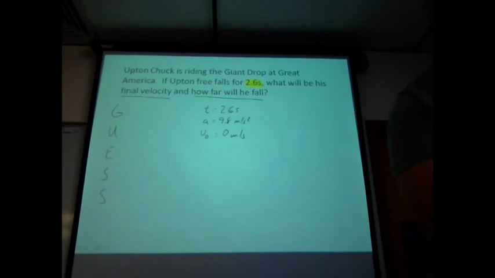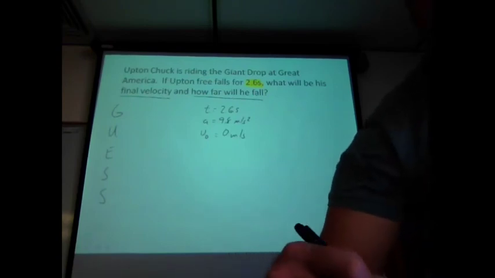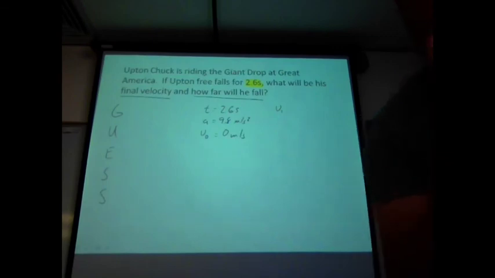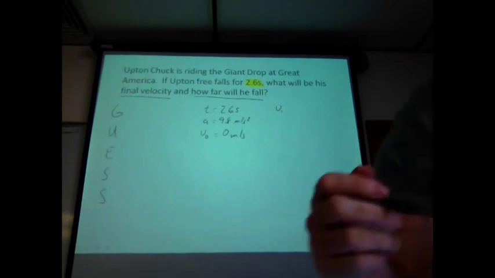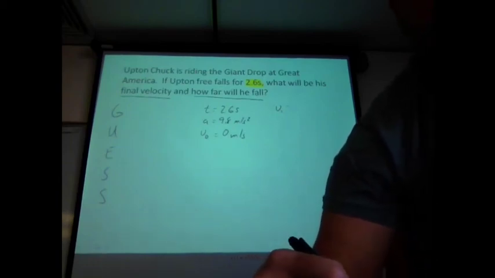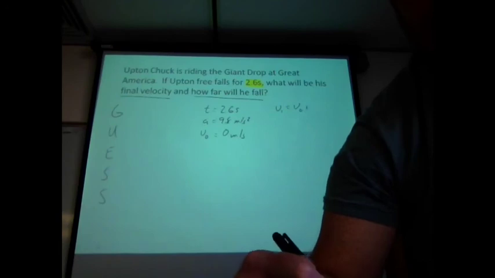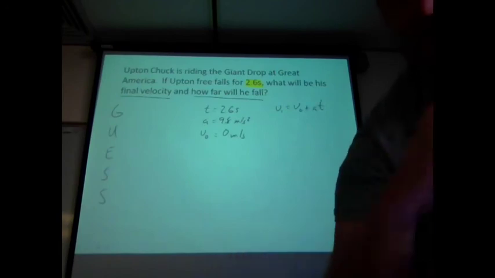Okay, so let's go ahead and see if we can solve for final velocity first. Sometimes you're going to have to solve for one and then the other. So let's see if we actually can get both of them right off the bat with just the first one. So we're going to solve for final velocity, or V1. So if I look through my equations and I see what I have out there, I'll see that one of my equations is V sub 1 equals V naught plus at.